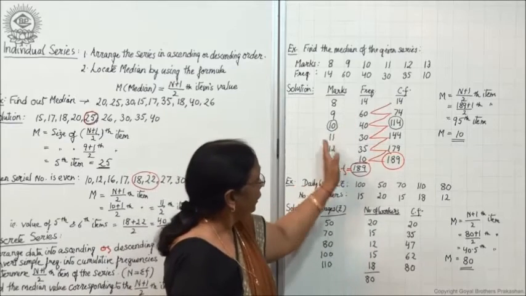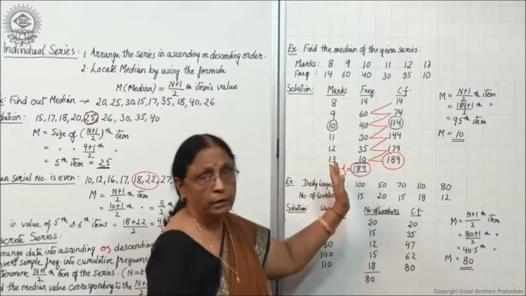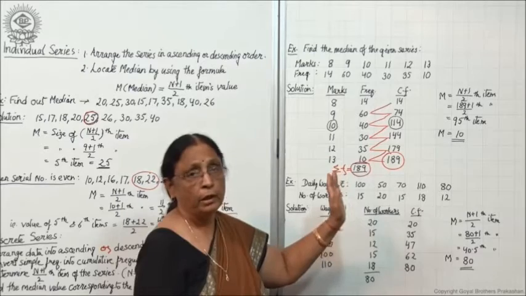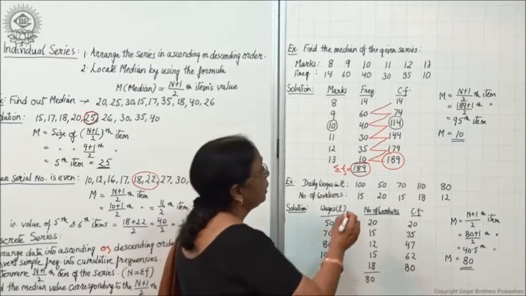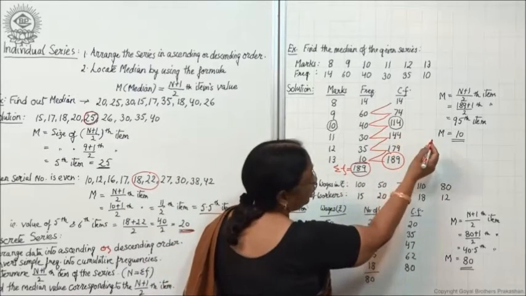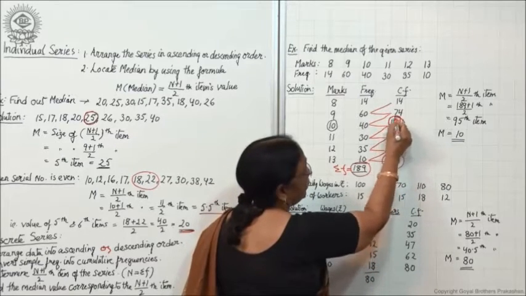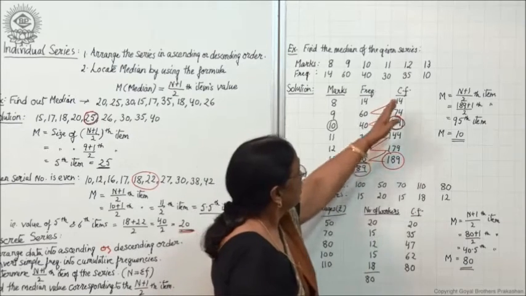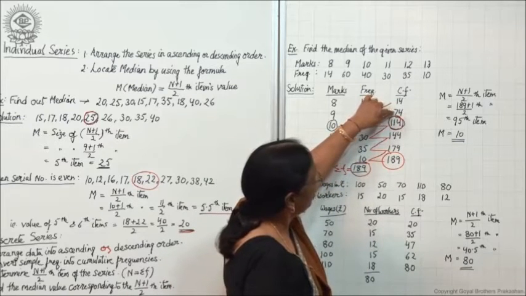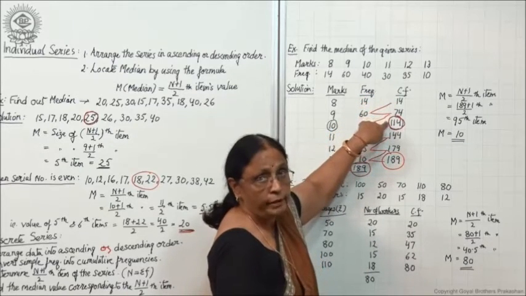Now what is the next step? Where is the 95th item? You cannot find it anywhere here. 95 is nowhere, but here you will locate the value 95. It lies in between this, because it is more than 74 and less than 114.